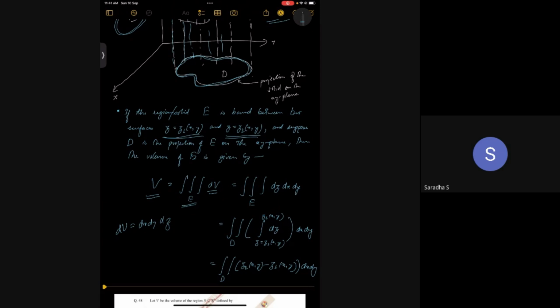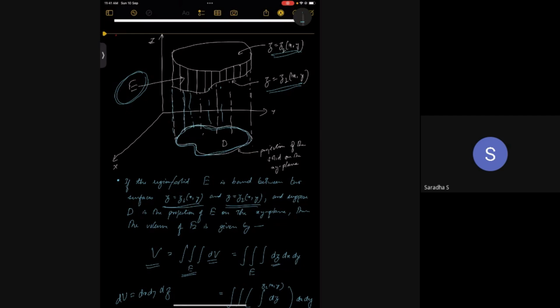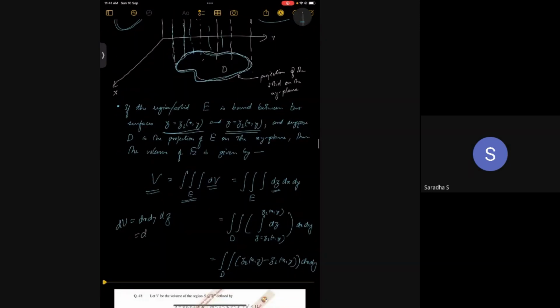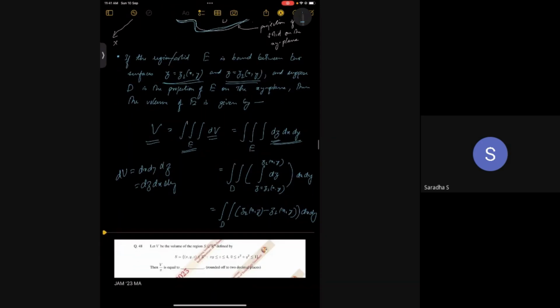But I write the dz first because we are assuming that the solid is bounded between two surfaces, z equal to z1(x,y) and z equal to z2(x,y). So this is also the same as dz dx dy, right?